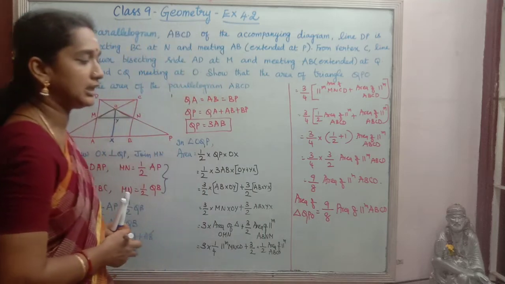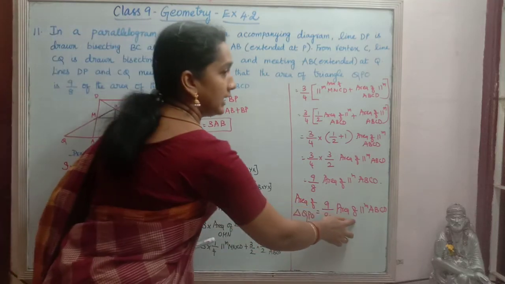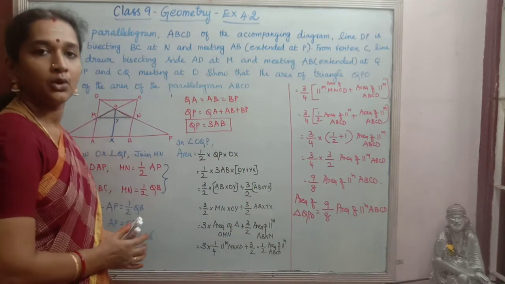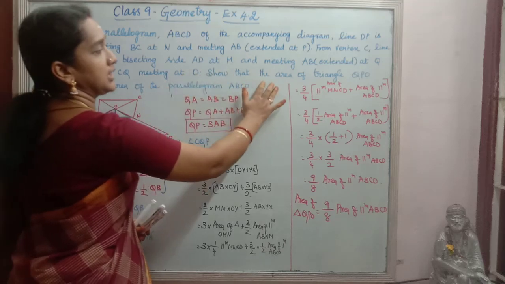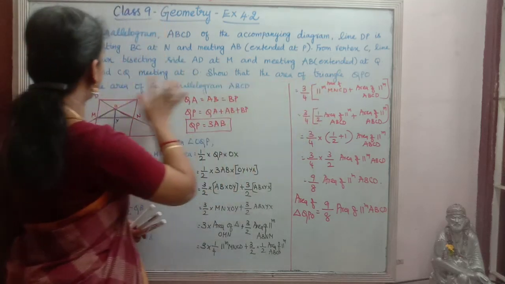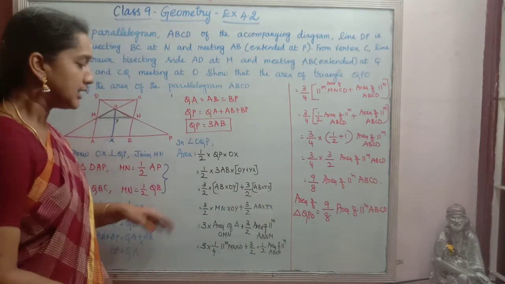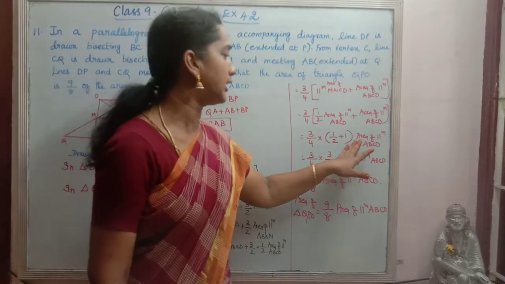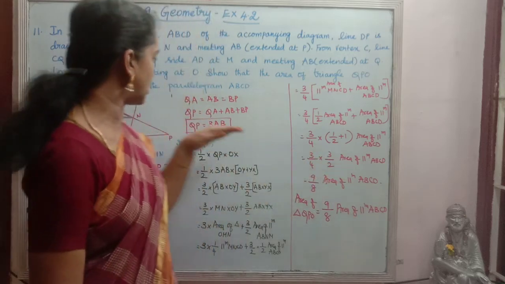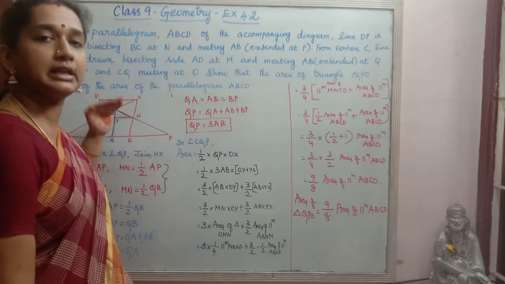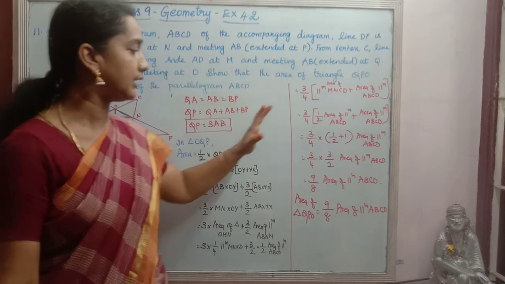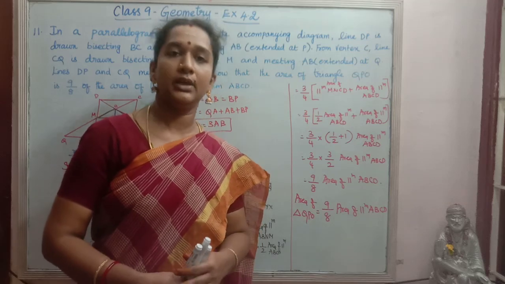Clear? This is the thing we are asked to show: the area of triangle QPO is 9 by 8 of the area of the parallelogram ABCD. So everything we have to derive in terms of the parallelogram. We are rewriting everything in terms of the parallelogram ABCD and deriving the result. Okay, thank you.